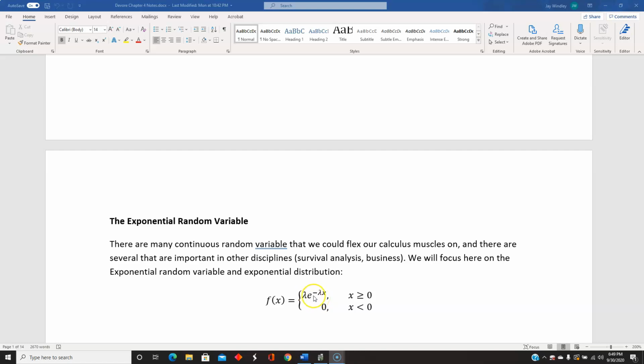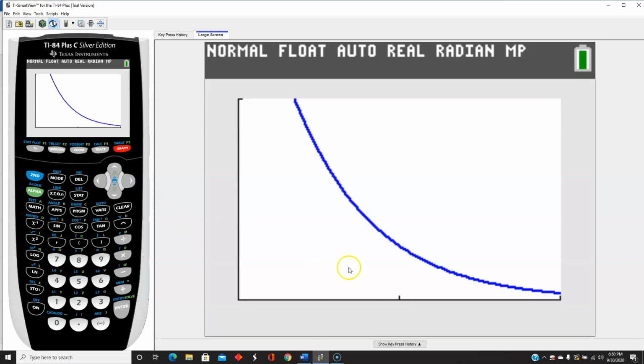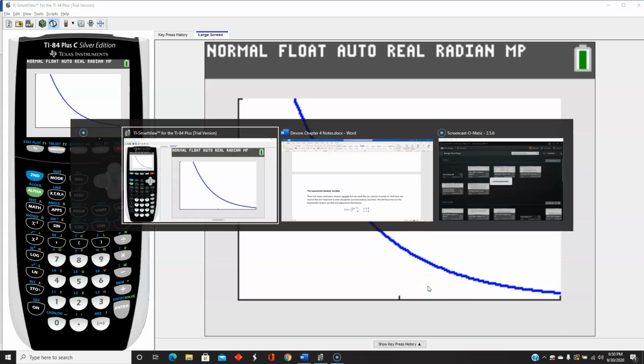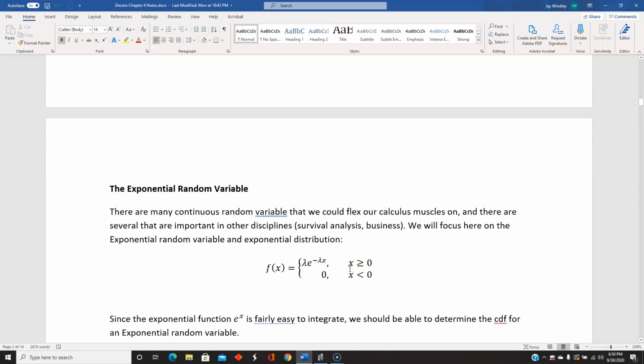We kind of need it to be e to the negative x so that the graph is approaching the x-axis, so we'll have a finite area, and this parameter that's in the exponent is also out in front as a coefficient, and that's a way that the area under the PDF ends up equaling 1.